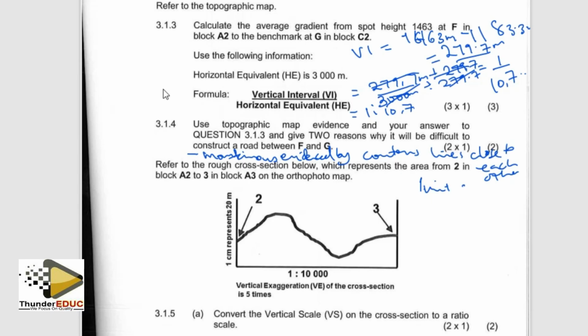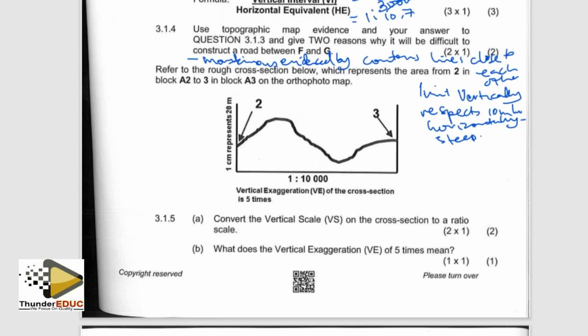What about the answer? The answer given is 1 unit vertically represents 10 meters horizontally, which means it is steep.